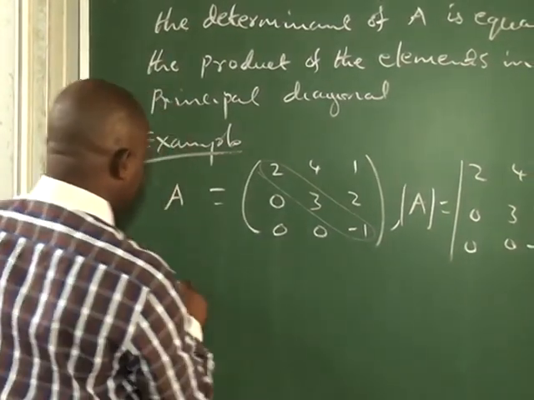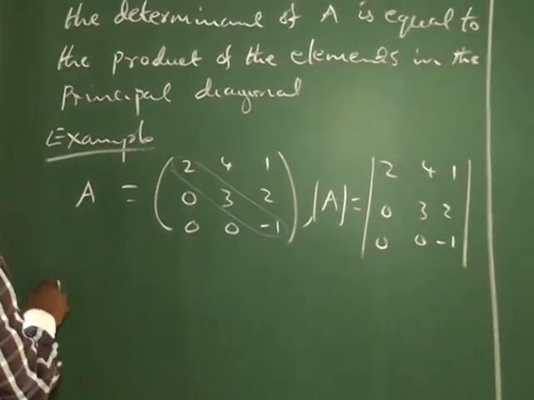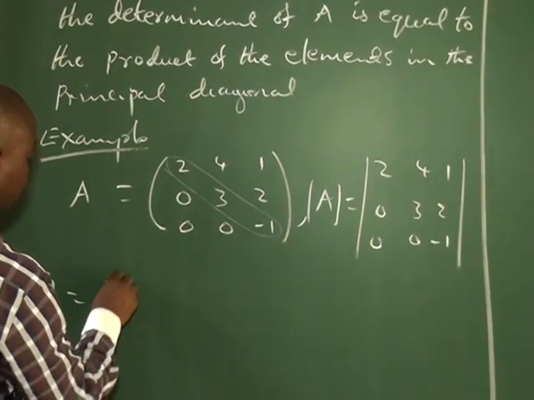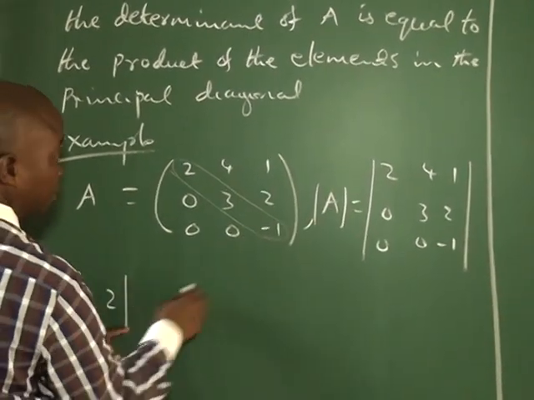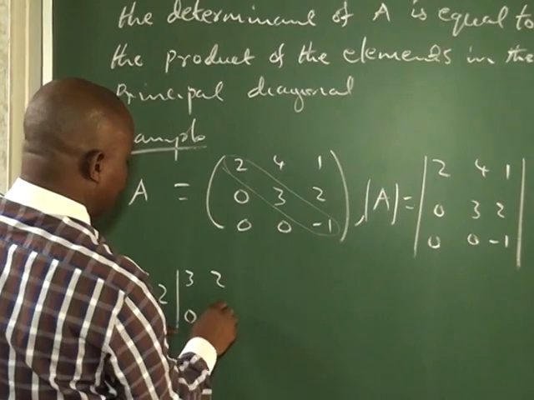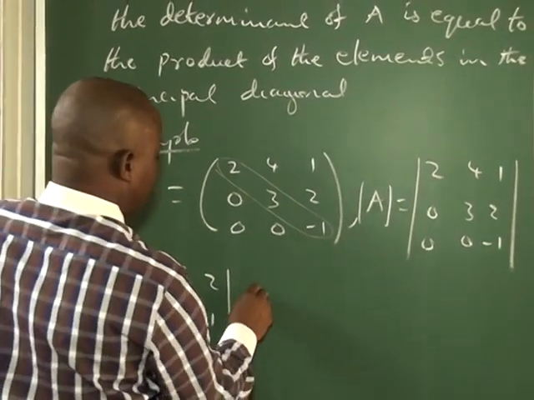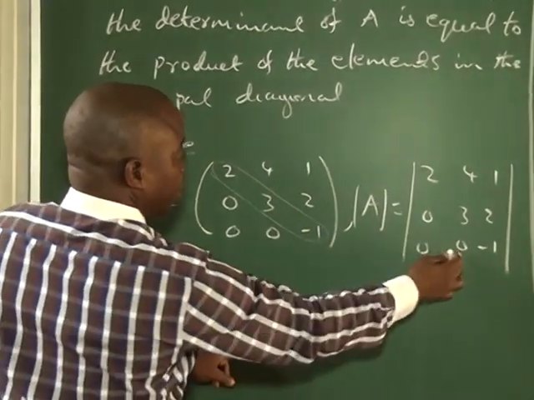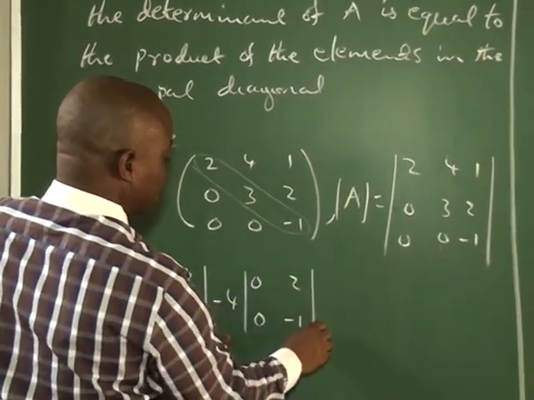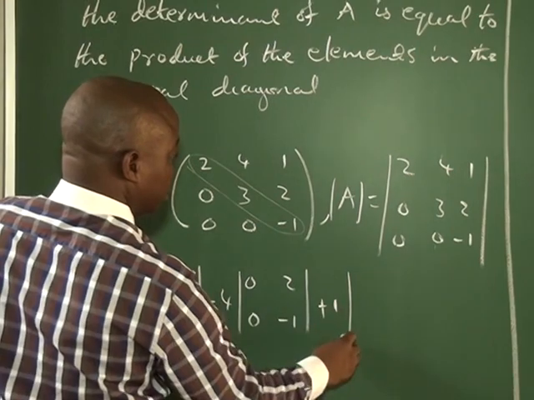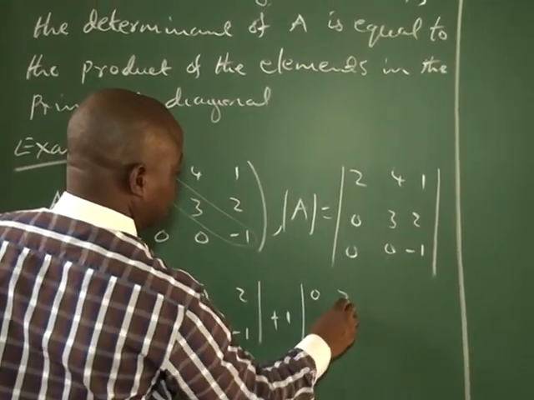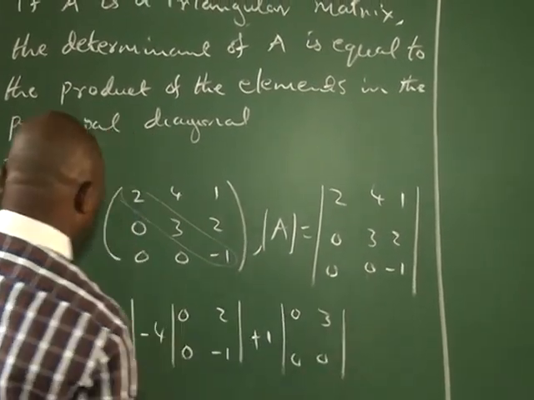Now let us look at that. The determinant of A will give us 2, then we ignore this element's row and column, that is 3, 2, 0, minus 1. Minus 4, we ignore here and here we have 0, 2, 0, minus 1. Plus 1, then we have 0, 3, 0, 0.